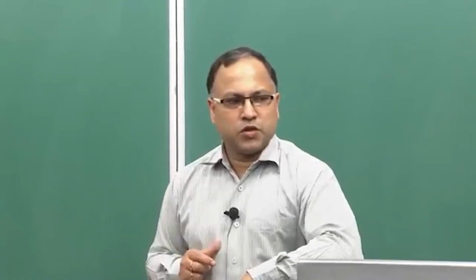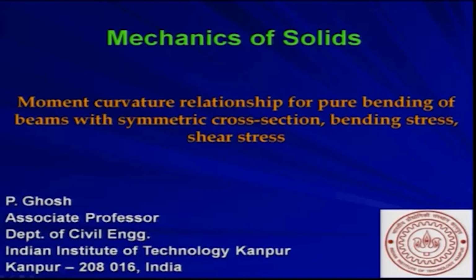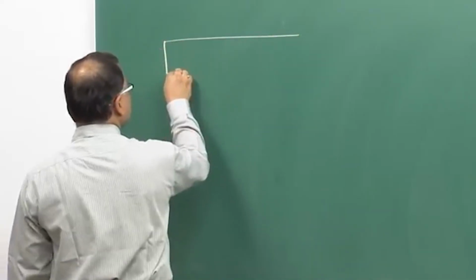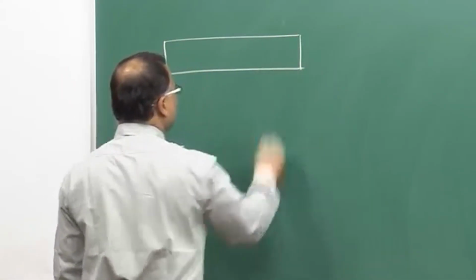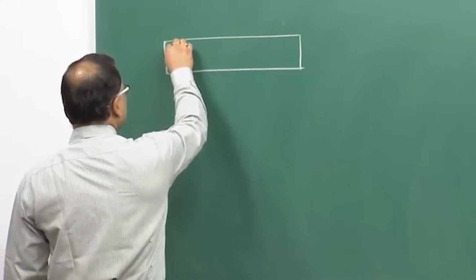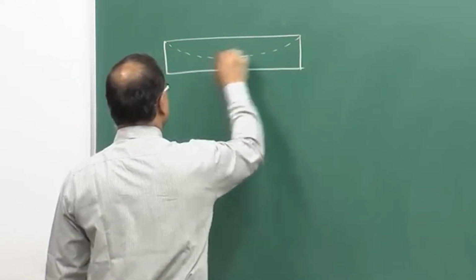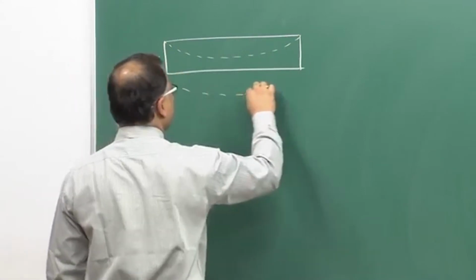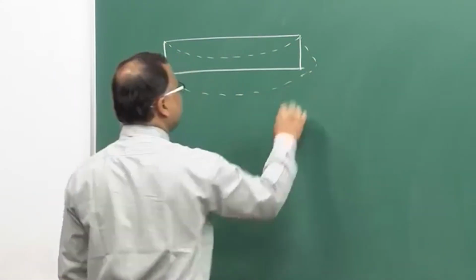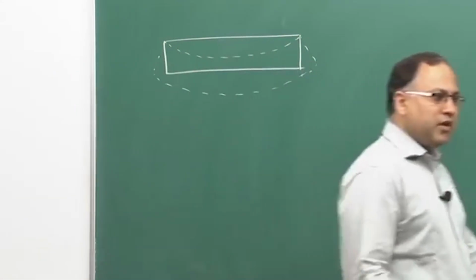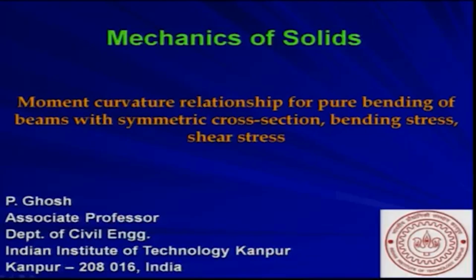Now, you know that this is your originally straight beam, and after deformation or bending it will take a shape like that. So the originally straight beam is now becoming a curved one, isn't it?